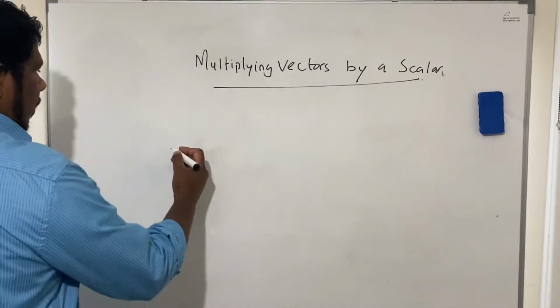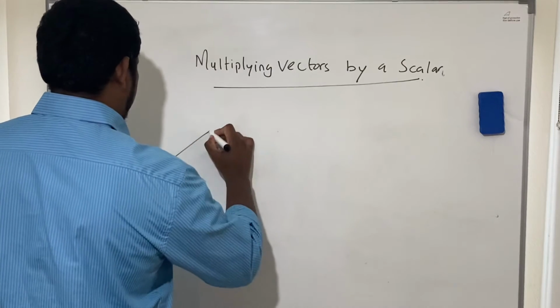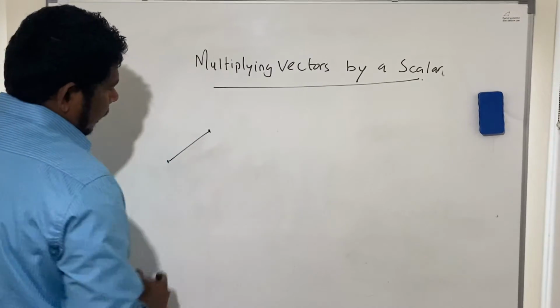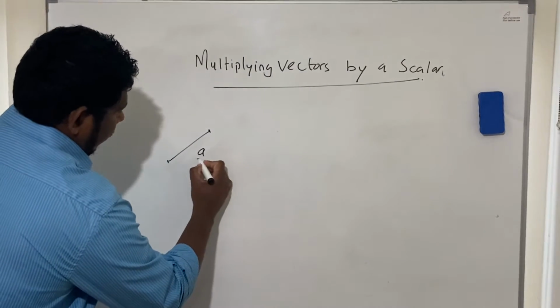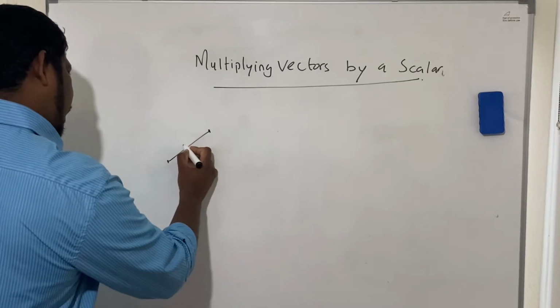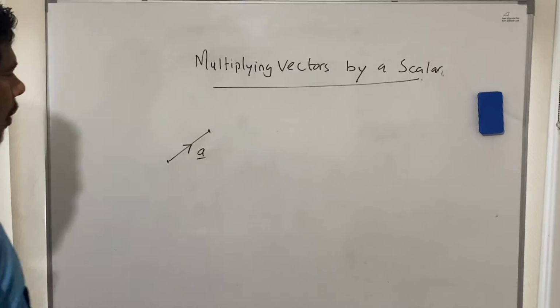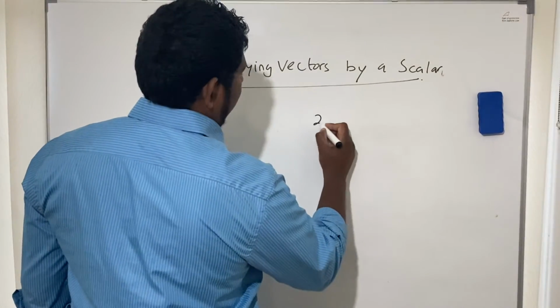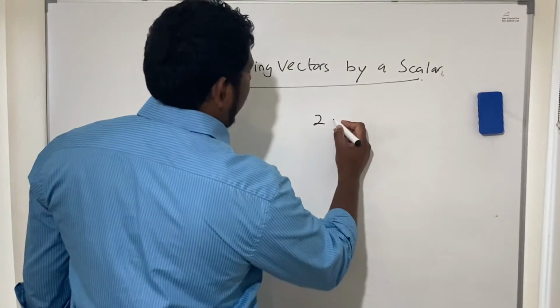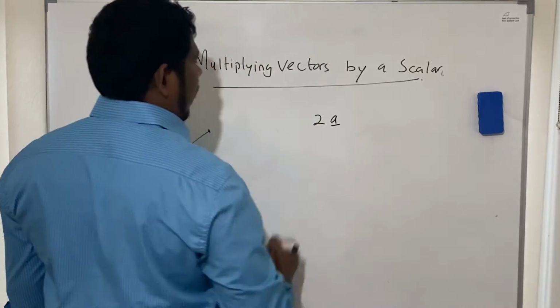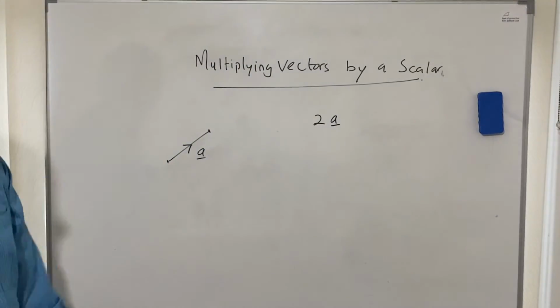For example, we say we have a vector A, and it's in this direction. So we want to find how the vector 2A is going to look like.